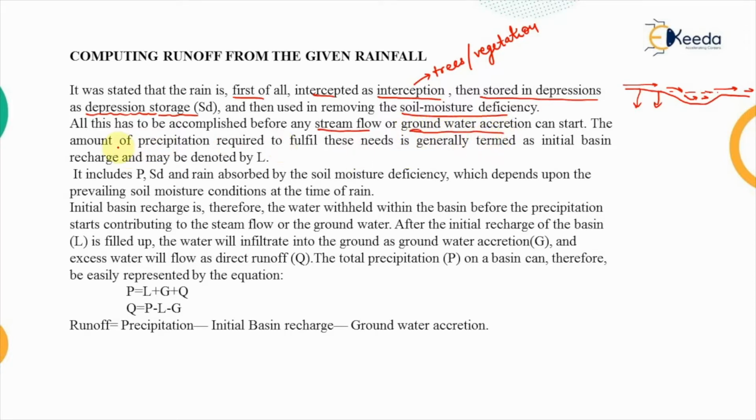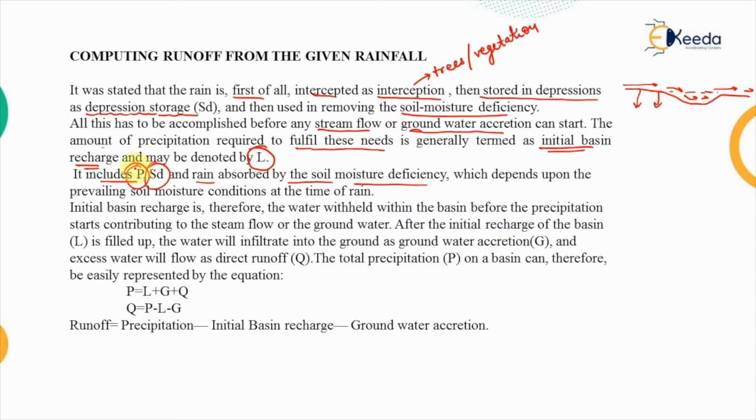Now the amount of precipitation which is falling has to fulfill all of these needs, and these are termed as the initial basin recharge. That means the catchment area is recharged by the water which is falling in these forms, and it is denoted by capital L. Now it includes this P value, SD value, and the rain which is absorbed by the soil moisture deficiency.